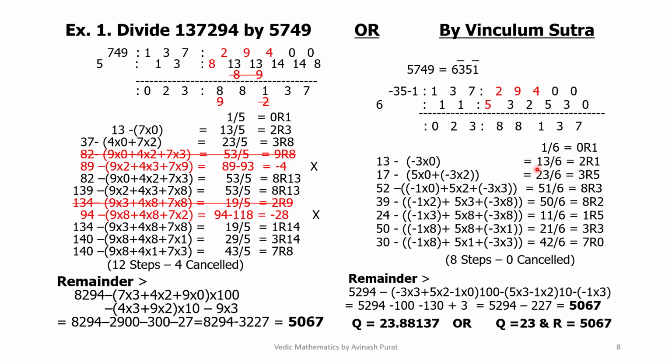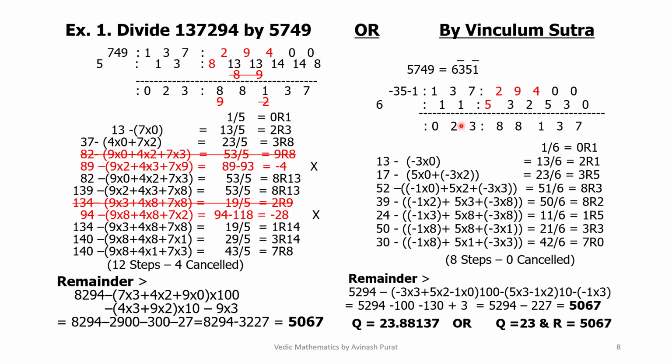We get this result in 8 steps, and none of them is cancelled. Here the remainder is 5294 minus 3 into minus 3 plus 5 into 2 minus 1 into 0. So 9 is plus and 10 is minus, so we get 1 into 100.